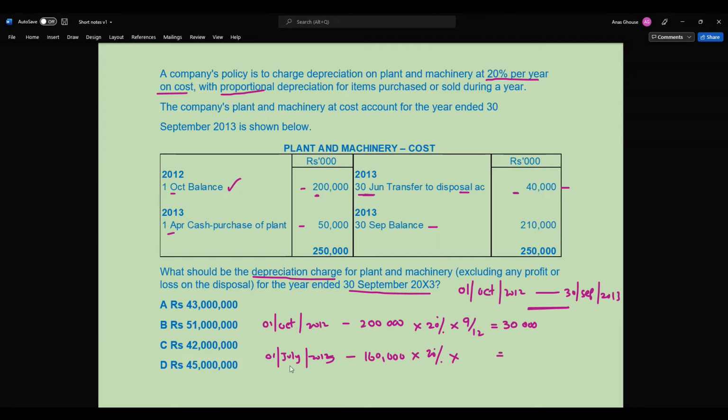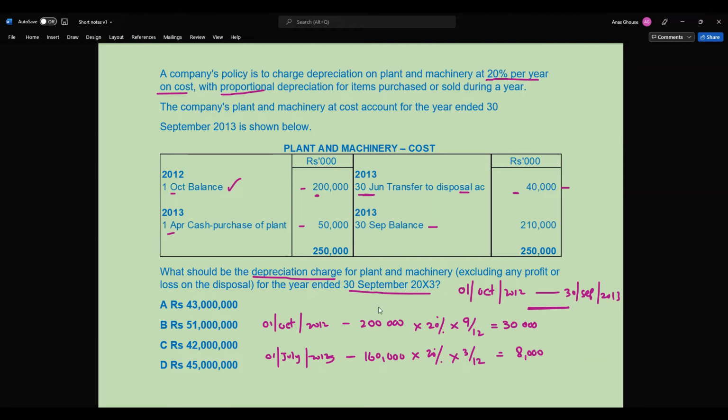From July till September, July, August, September, so 3 months. So you need to take it for 3 months. 160 million times 20% will be 32 million, times 3 months, it's going to be 8 million.